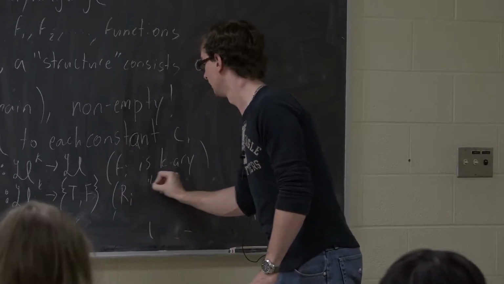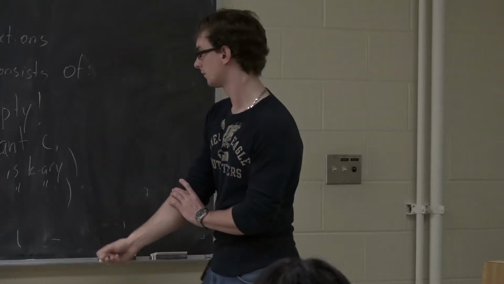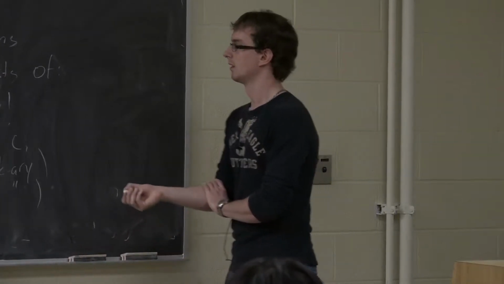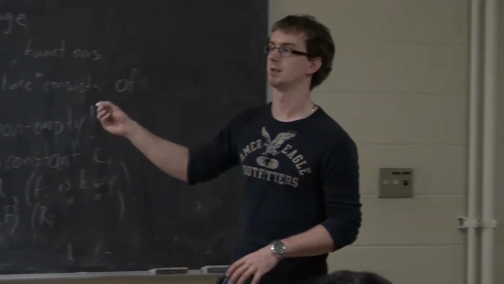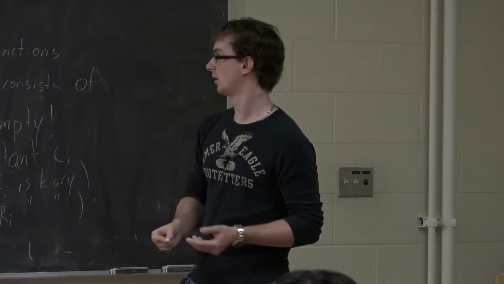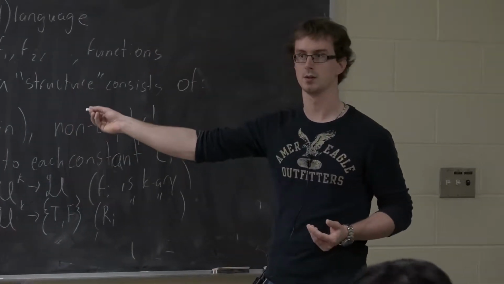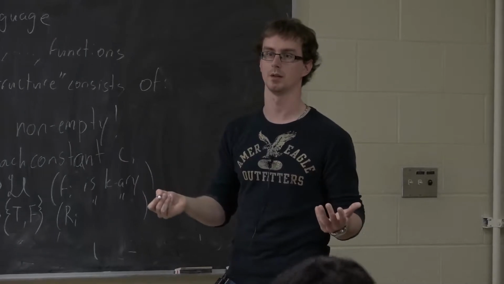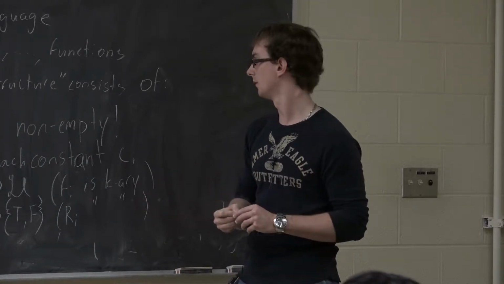And again, here, Ri takes k parameters. So this is enough to formally define everything we need to know about our language. Because now we know what all of our constants are doing, what all of our functions are doing, what all of our relations are doing, and what are all of the possible things that we can build up our formulas on.